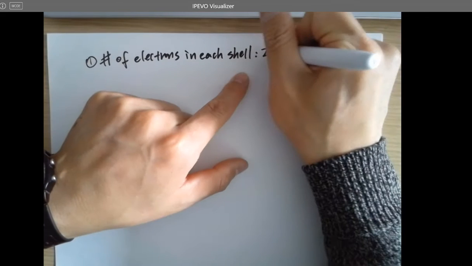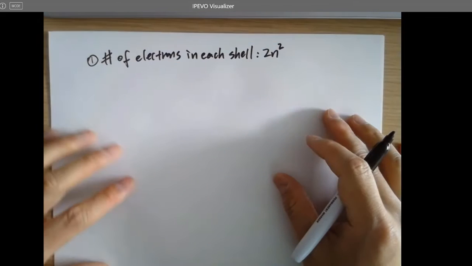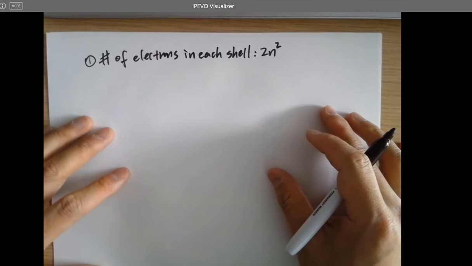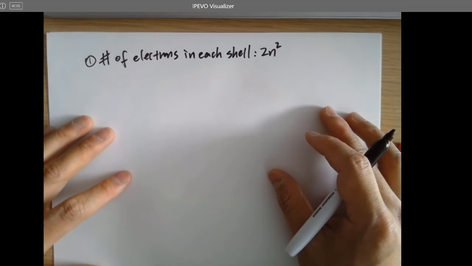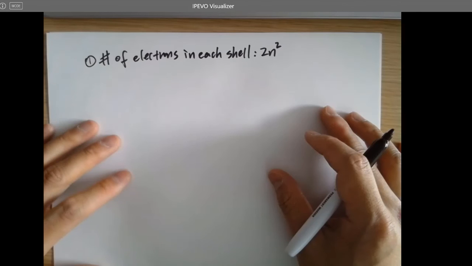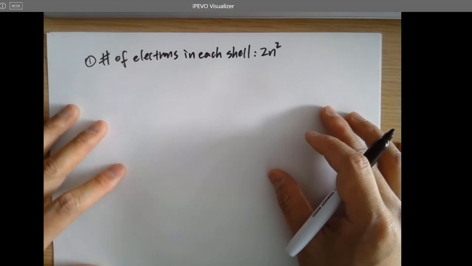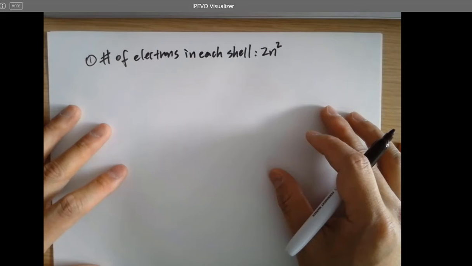It is 2n squared. Don't ask me why, because I don't know. The physics is going to answer this question. Quantum mechanics takes a whole semester, an entire course.